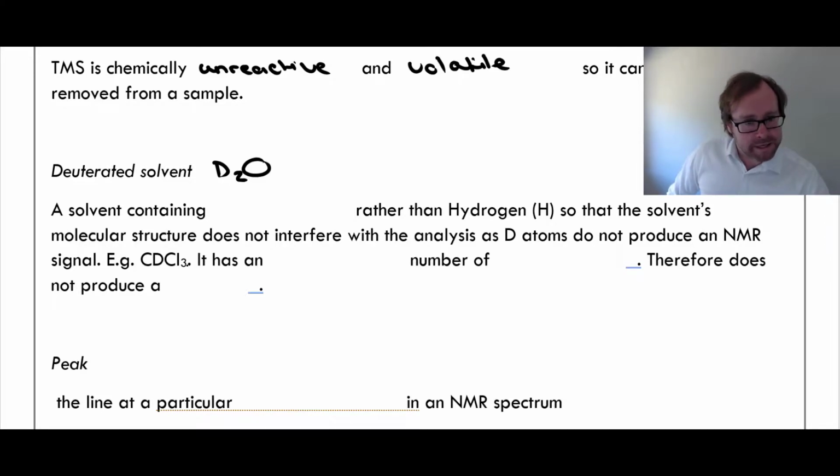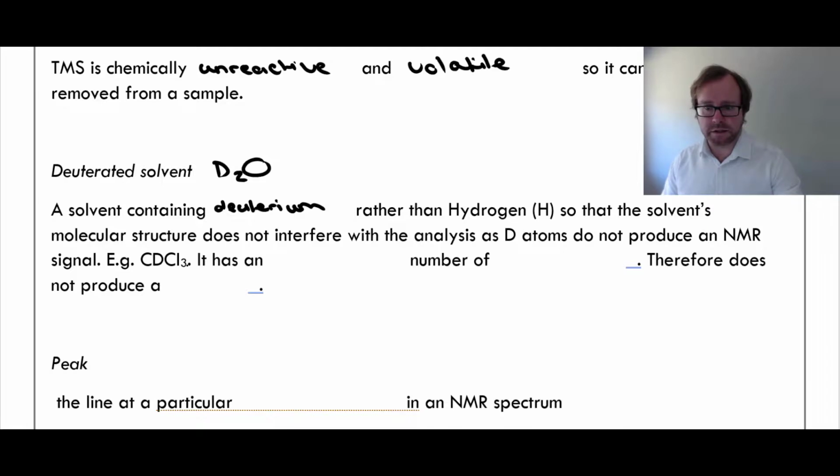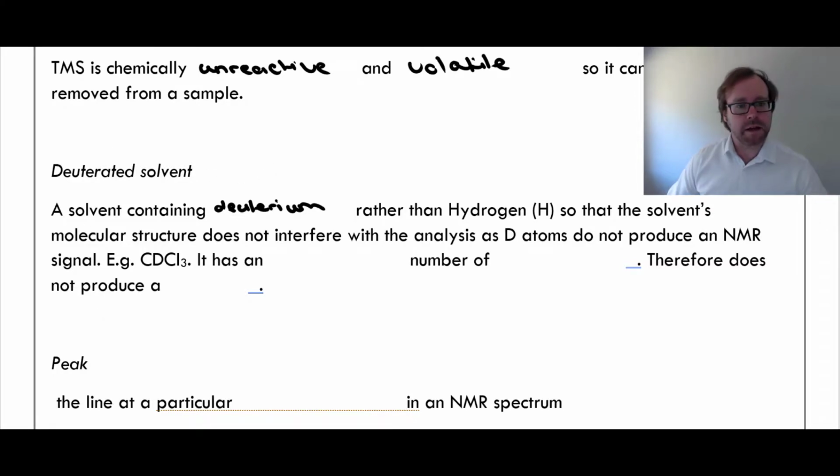So a solvent containing deuterium rather than hydrogen is used so that the solvent's molecular structure does not interfere with the analysis, as D atoms do not produce an NMR signal, e.g. CDCl3. So what we often use is CDCl3 as our solvent.